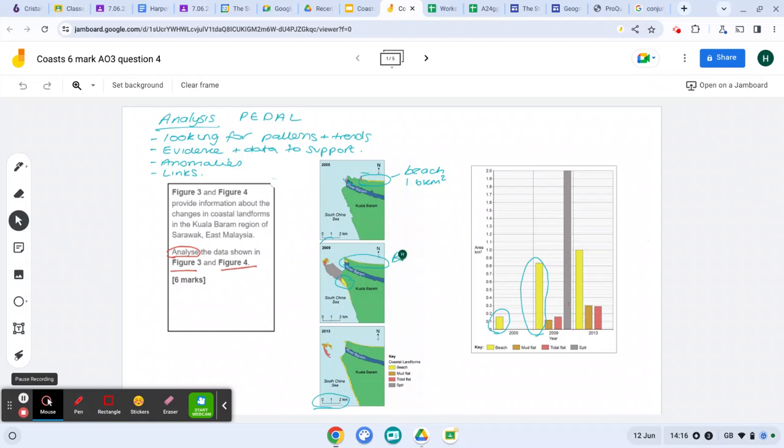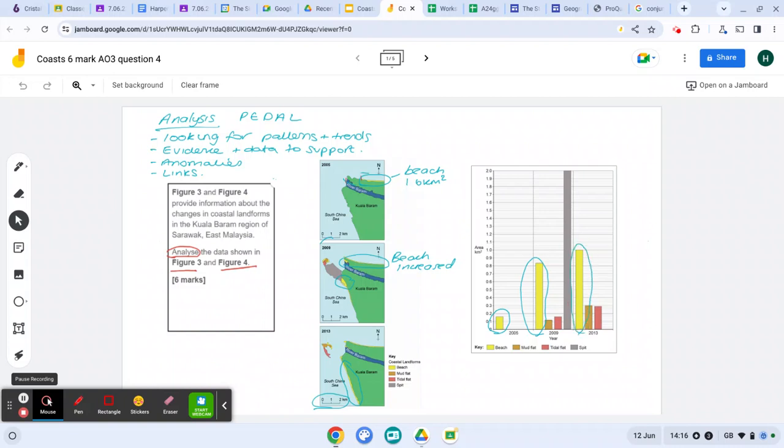So we've got this beach has increased. By 2013, it's maybe not that noticeable on the pictures that it's continued to increase. It does look a bit bigger here. But if we look at the bar graph, we can see that it's increased again.